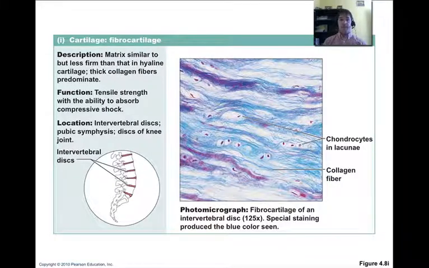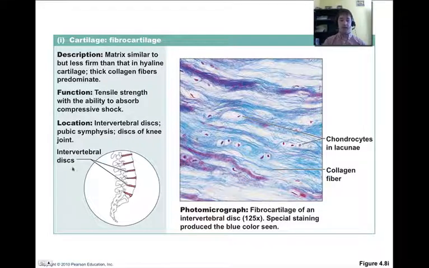Fibrocartilage is a matrix similar to, but less firm than that in hyaline cartilage, and we've got a lot more collagen fibers. It's got tensile strength, so it can resist pulling, but it can also resist compressive shock.